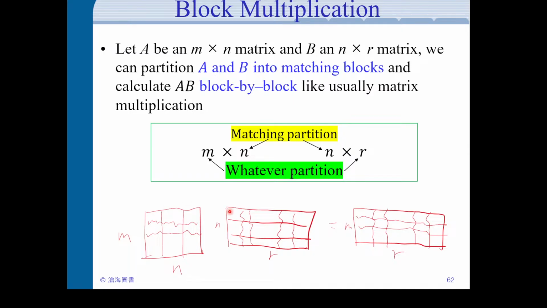So this partition and this partition need to match, and we can do whatever combination of m, n and r partitions, and we will get the m by r matrix. So just like before, we have m by r, and then we have the partition on n, just like this partition on n, and this partition on r, just like this partition on r.